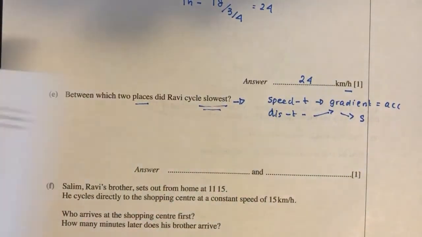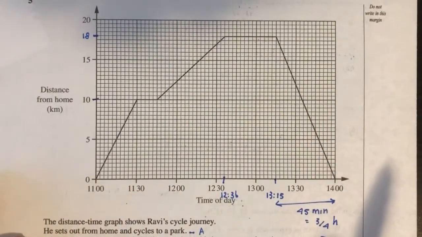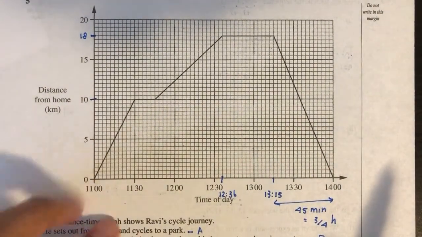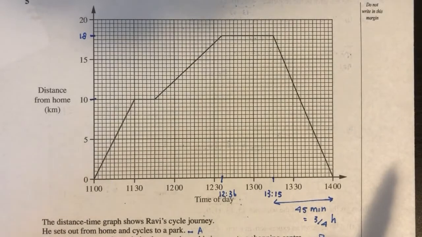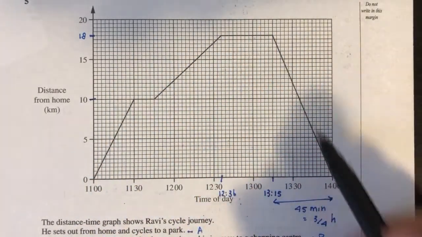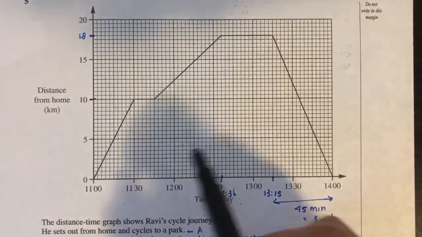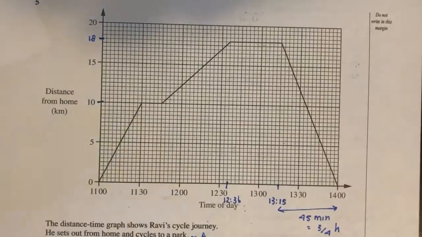The speed. So basically we have to look at this graph and see where the gradient is the smallest, where it is less steep. So here it is steep, less steep, and steep. So that will be where he travels the slowest, between the park and the shopping center.